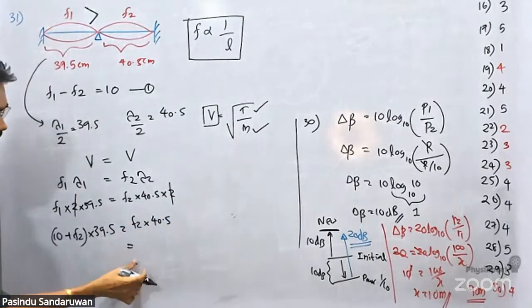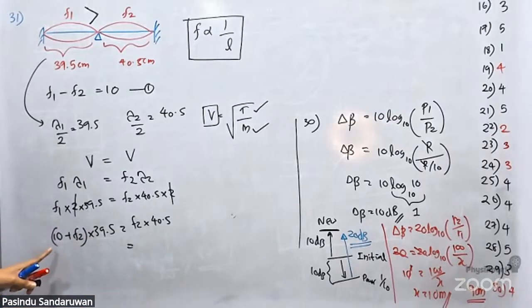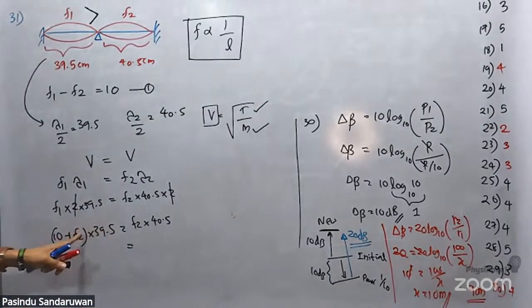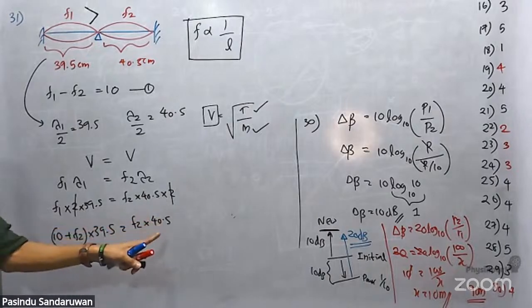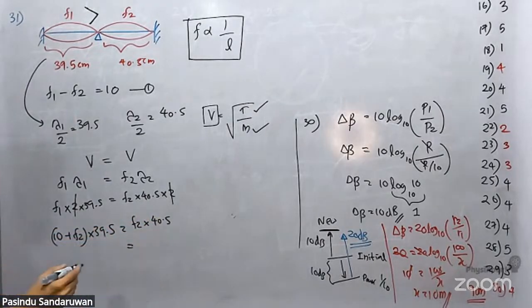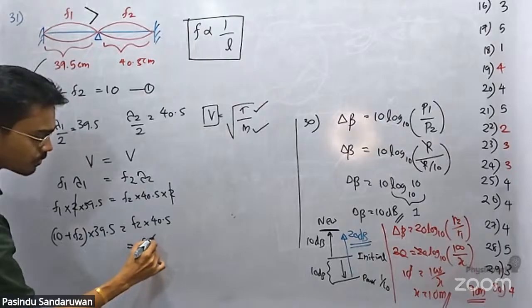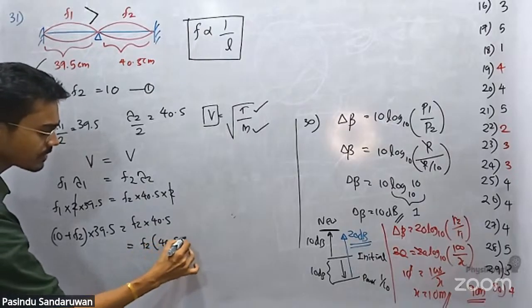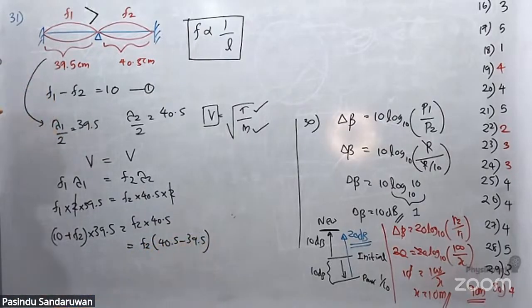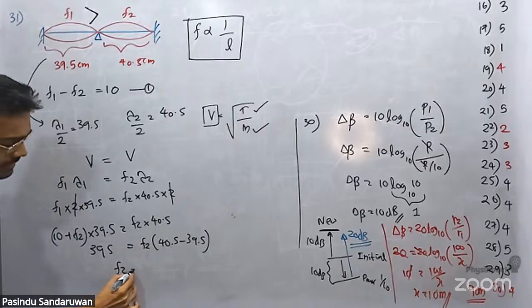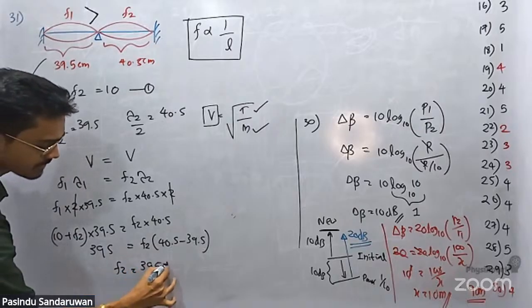See, I'm going to simplify at once. Now from this side, we will get 39.5 times F2. Here I have 40.5 times F2, which means F2 times 40.5 minus 39.5, which is 1. And this is 395, which means F2 equals 395 Hertz.